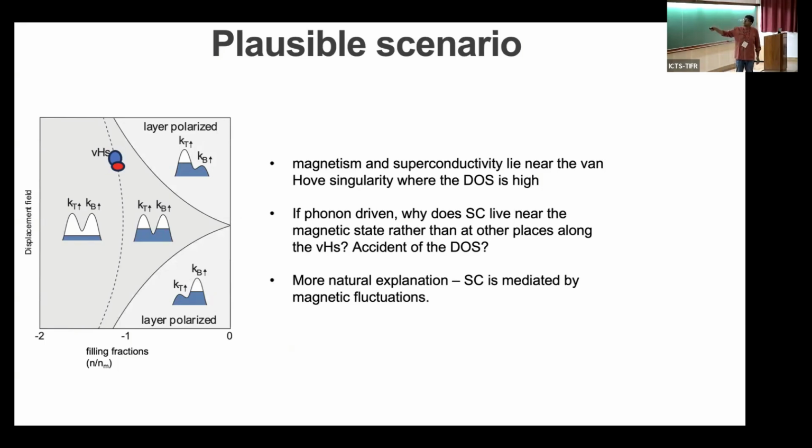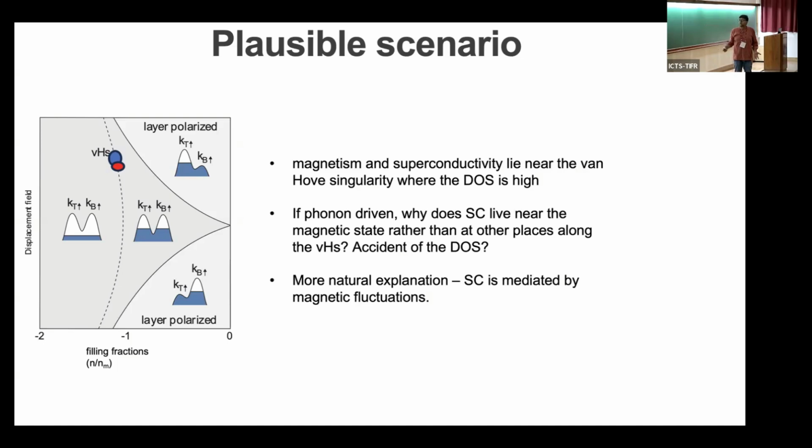And now one can ask, if this superconductivity is phonon driven, then why does the superconductivity have to lie there? Why could it not lie there? There's a Van Hove singularity here and a Van Hove singularity everywhere along this line. Why does it decide to live near the magnetic state? Could be it's a pure accident. This is a place where the density of states is maximized, and it's good for superconductivity in whatever mechanism.